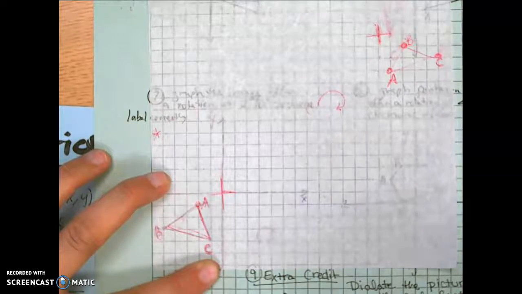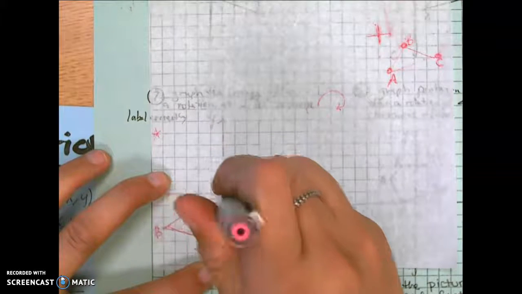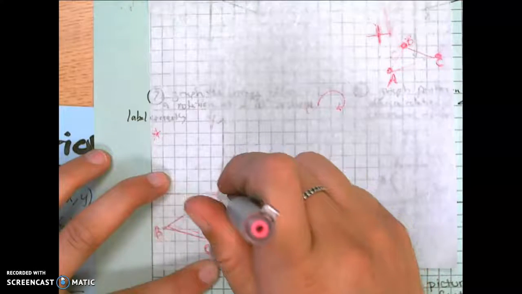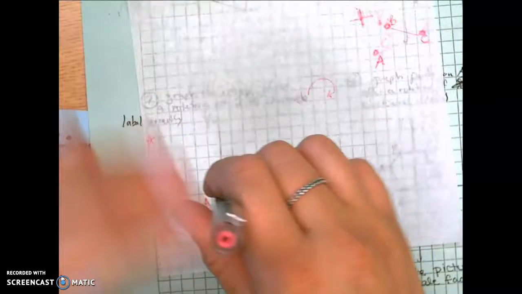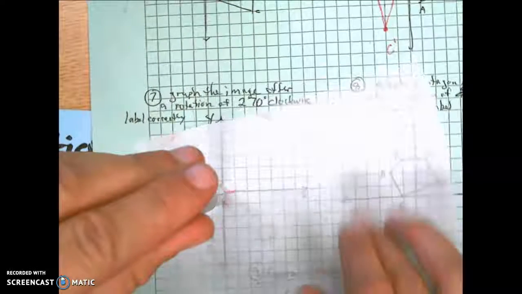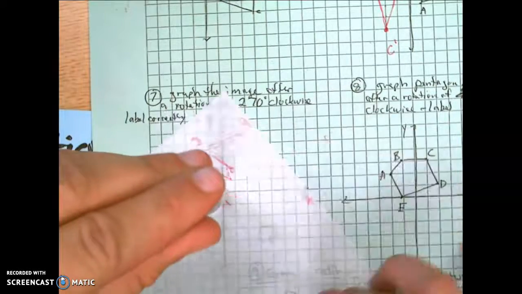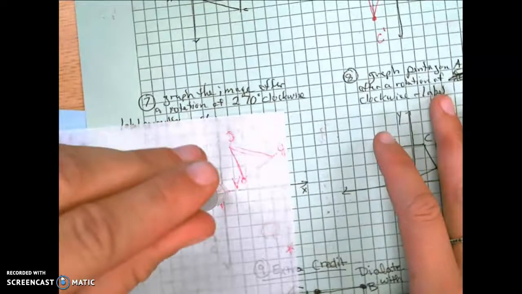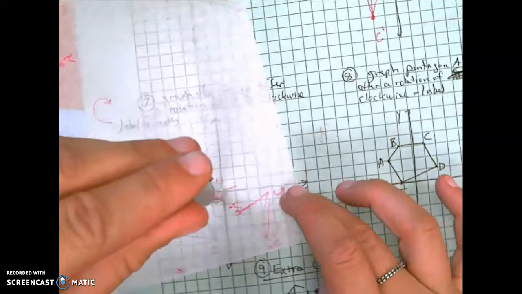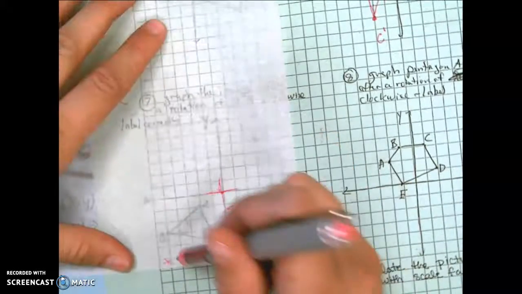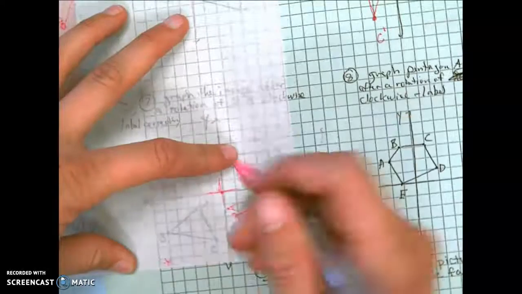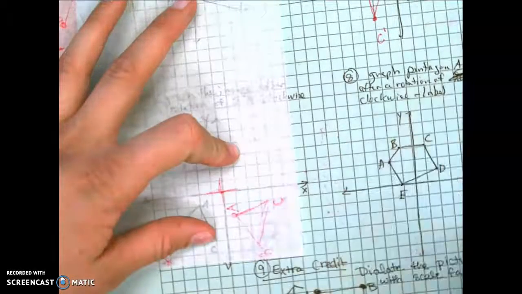Okay. Now I'm going to put my pencil at the origin. 270 clockwise. I'm going the same direction as the clock. So my first rotation, 90. Second rotation, 180. Third rotation, till those cross lines line up, till my star is down here, 270.